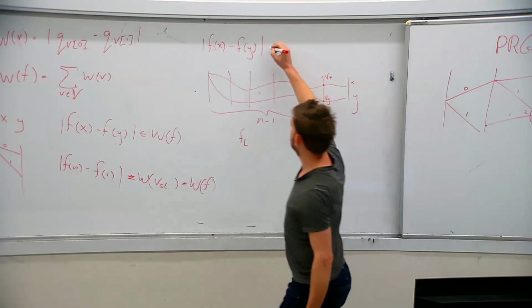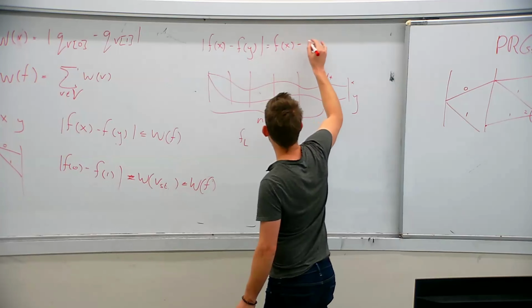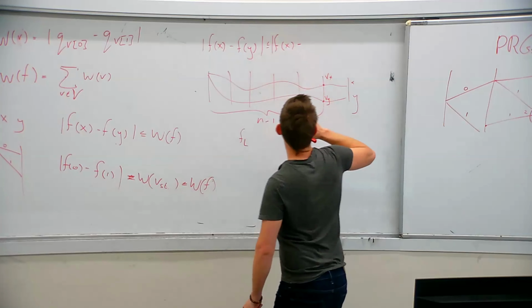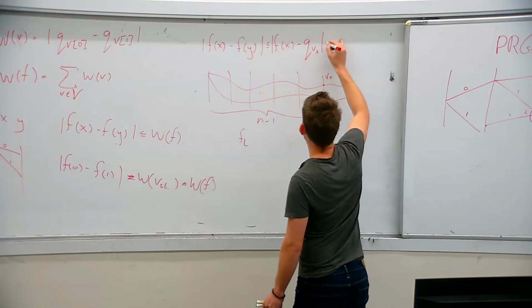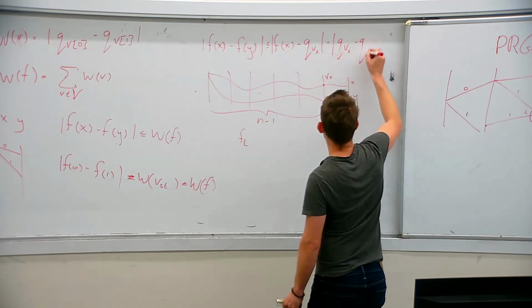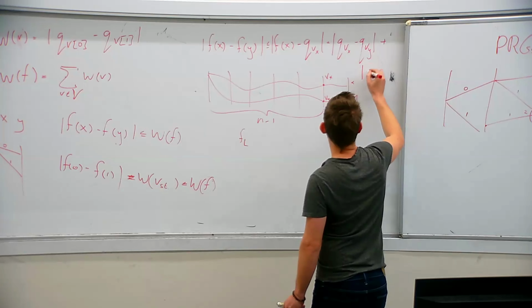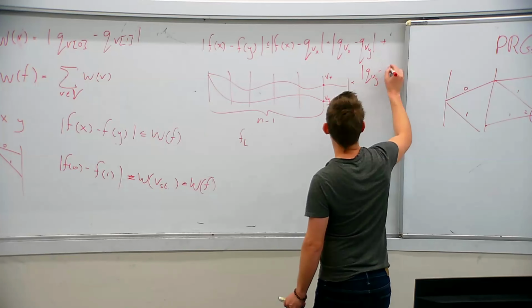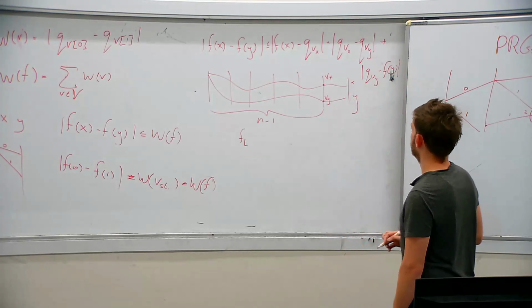And let's write this one as f of x minus f of y plus q y minus f. This is just the binary quantity.